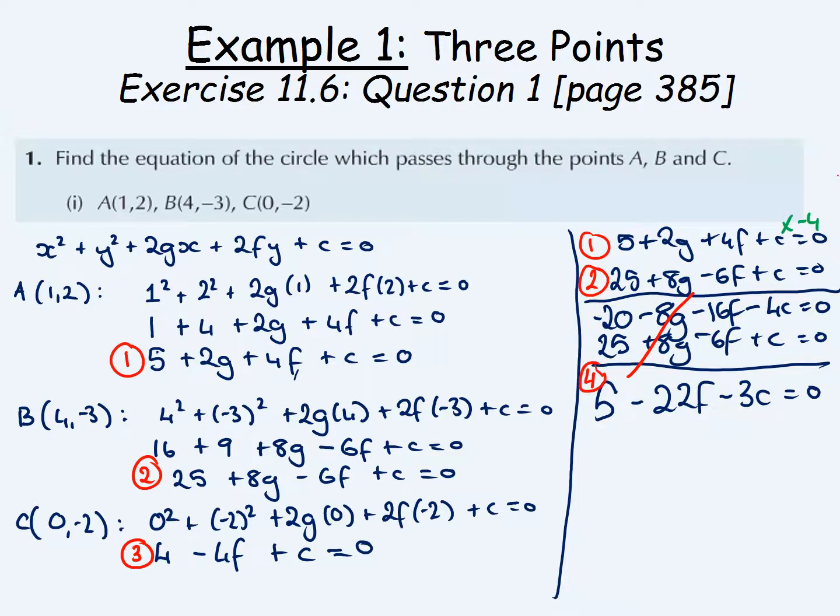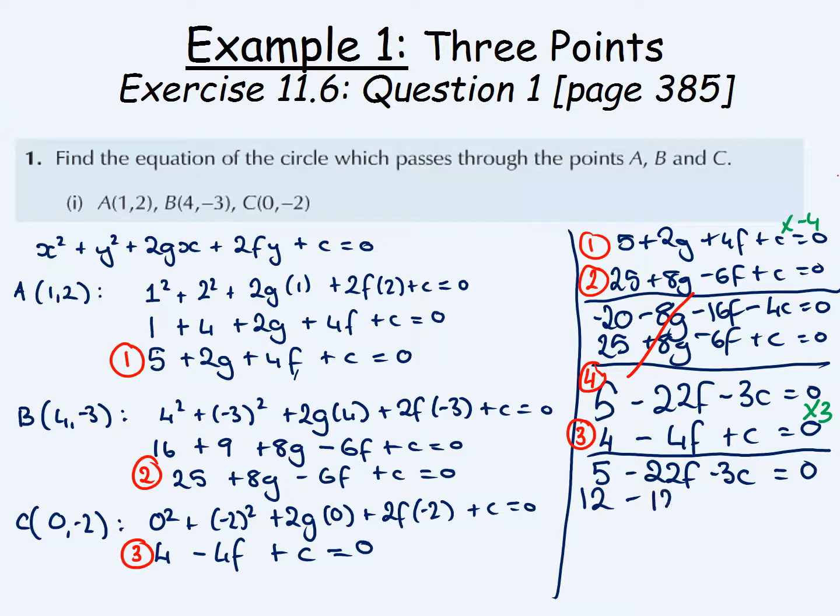Now I take equation 4 and work it with equation 3, because now they both just have an f and a c. So I have 4 minus 4f plus c equals 0. The easiest thing to get rid of here is the c, so let's multiply the bottom line by 3. I get 5 minus 22f minus 3c equals 0, and 12 minus 12f plus 3c equals 0.